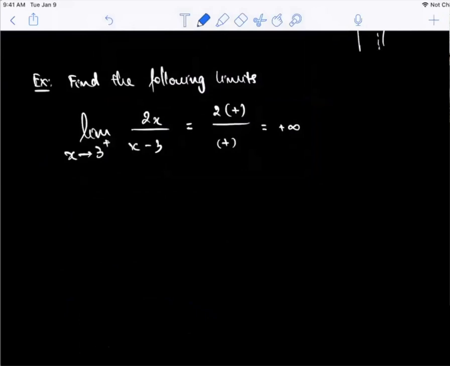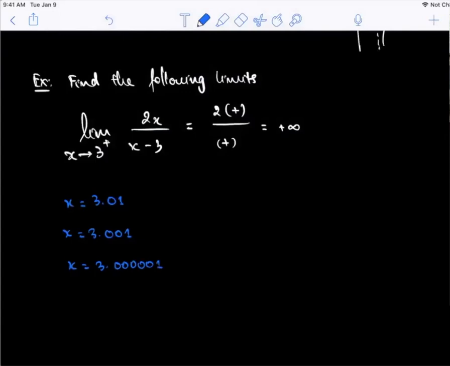Like I say, you want to choose a value on the right of 3. Let's say x equal to 3.01, or 3.001. The closer to 3, the better.